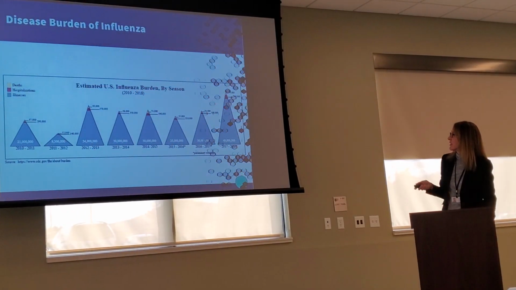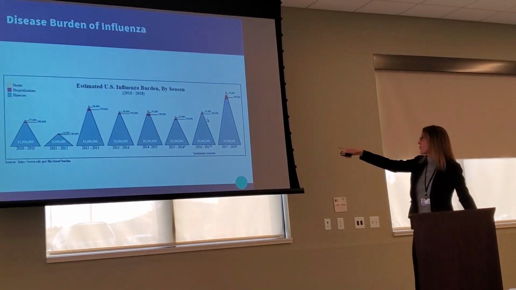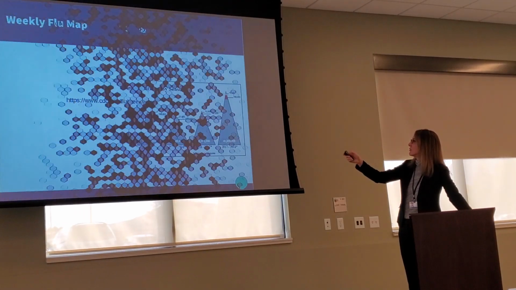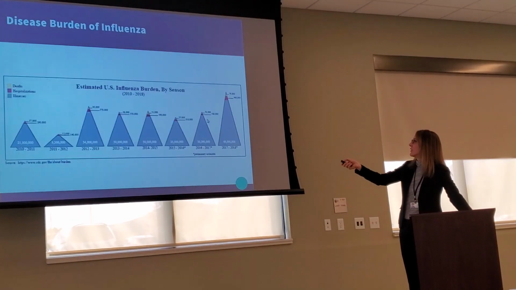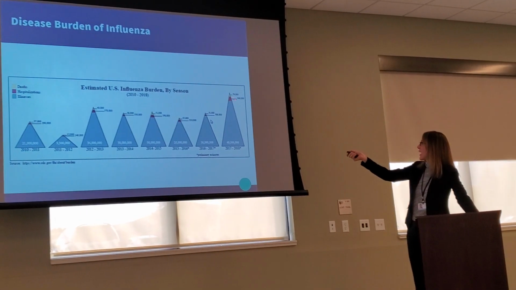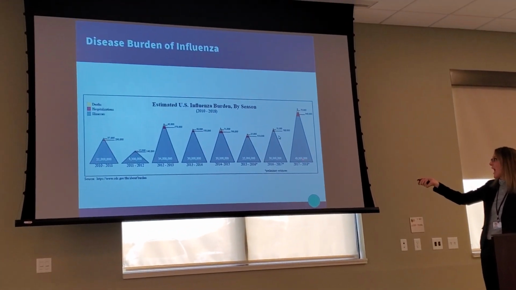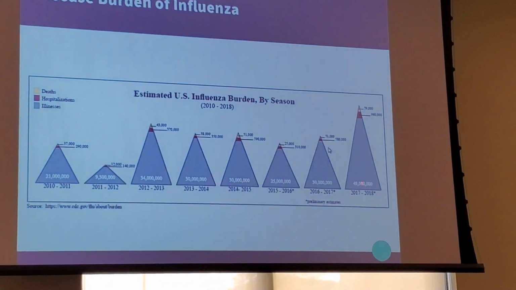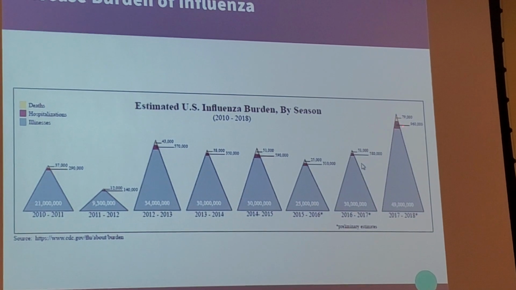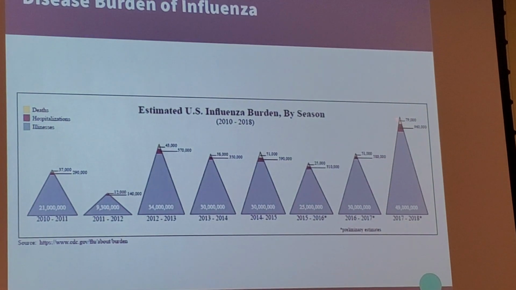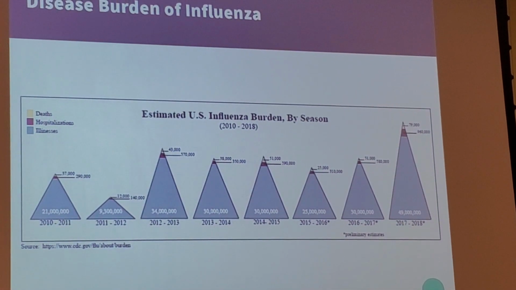And this is looking at last year. Last year was actually pretty bad. We had 49 million illnesses, almost 1 million hospitalizations, and 79,000 deaths from the flu.